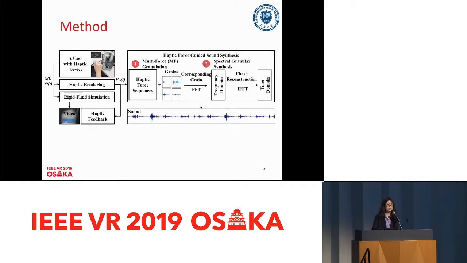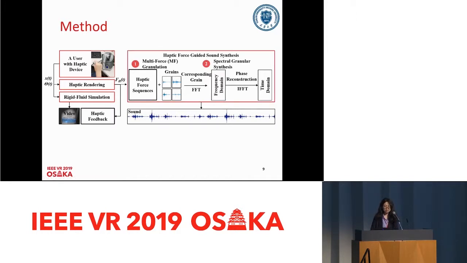Now I will introduce the pipeline of our method. At each time step, the user inputs the rigid body position xt and the rotation angle theta t to the haptic device rendering module and the rigid and fluid simulation module. Then we can generate the haptic force as the input of the sound synthesis module.